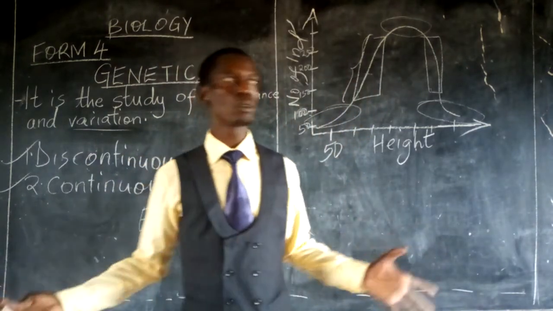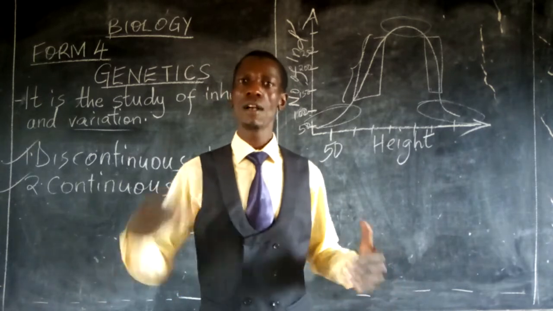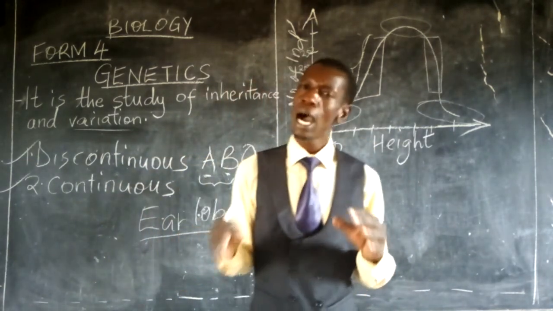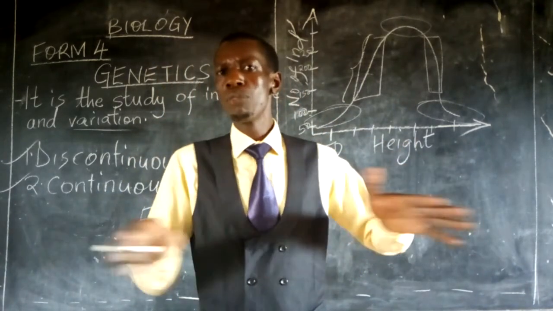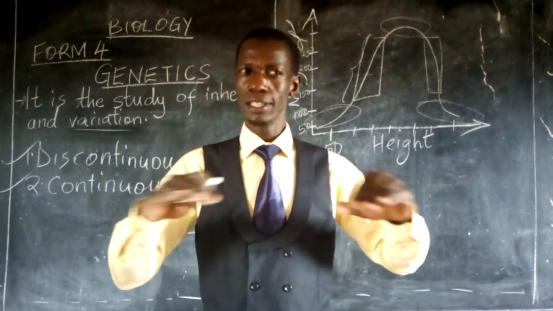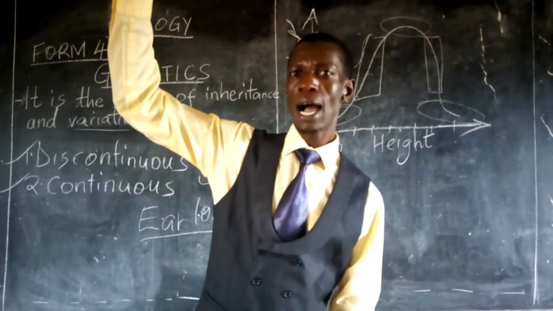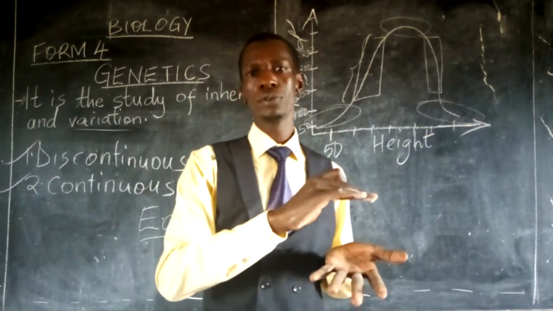Even if we take a group of individuals at random, say 100 individuals, and we measure their heights, you will realize that a big number of individuals are lying around the average height. The tallest are always fewer, and the dwarfest are also fewer as well.